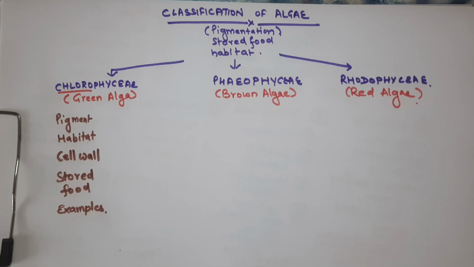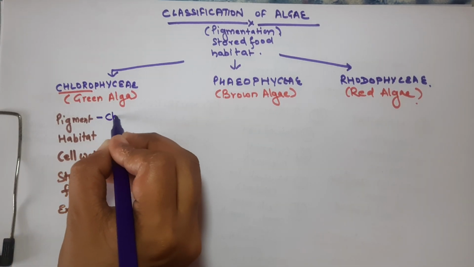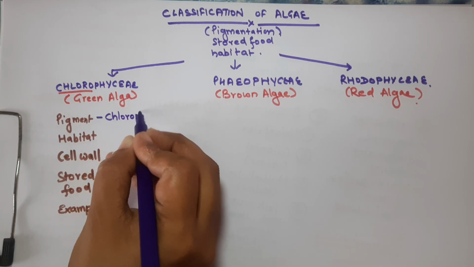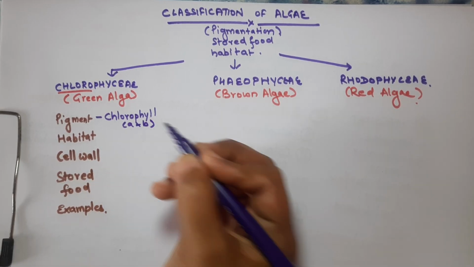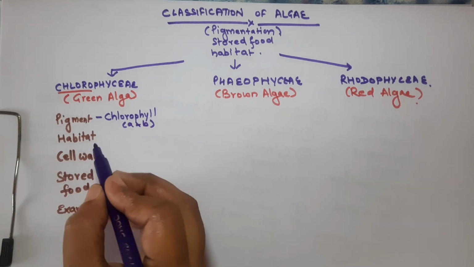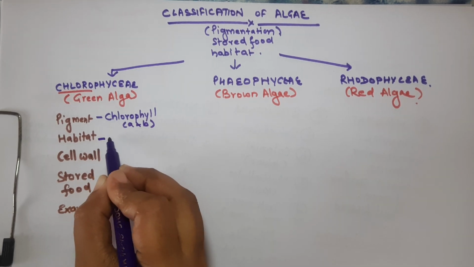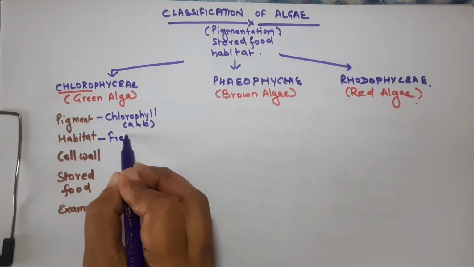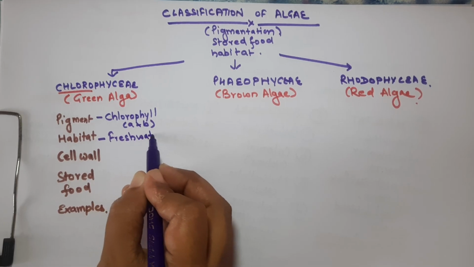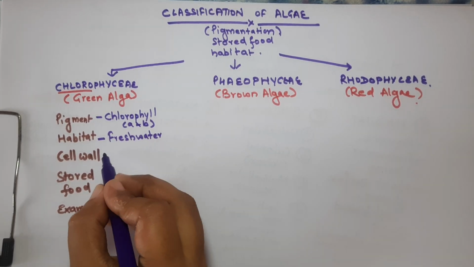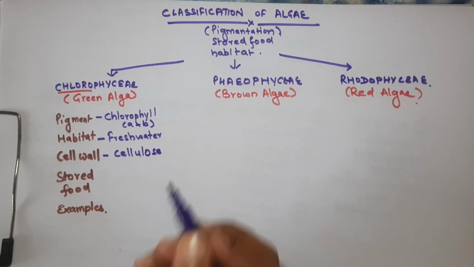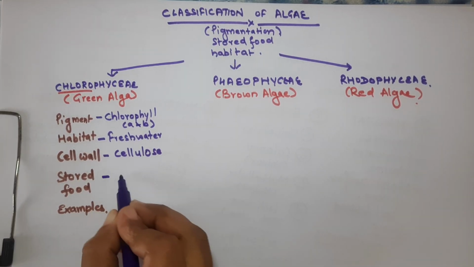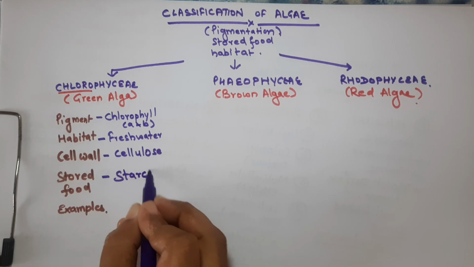If we talk first about the Chlorophyceae, then we know that it consists of chlorophyll. Both chlorophyll A and B are present in the Chlorophyceae. And if we talk about the habitat, then they are mostly freshwater. The cell wall is cellulosic in nature, and the food is stored in the form of starch.